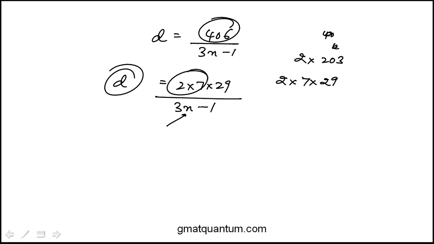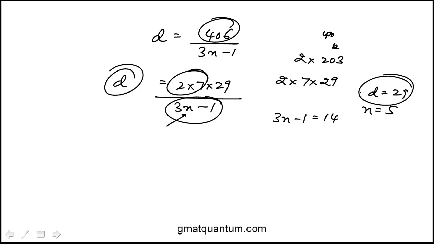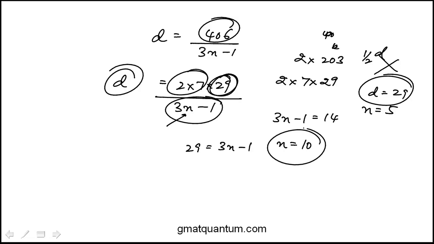So if 3n minus 1 is 14, that would give us d as 29, because that term drops out, and then n is 5. And you'll see that that doesn't give me an integer value for half d, so that one is out. Now we could pair 29 to make equal to 3n minus 1. In this case, n would be 10. That's our other solution. And d in this case, because this piece is 29, would be 14.